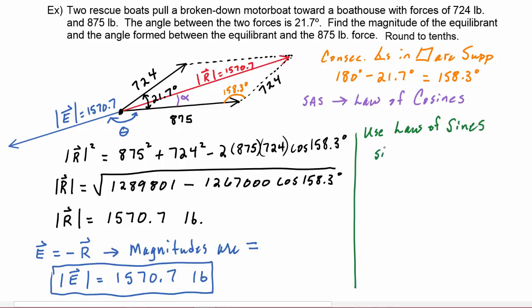And the sine of alpha divided by its opposite side, which is 724, is going to have to equal the sine of 158.3 degrees divided by its opposite side, which is 1,570.7.